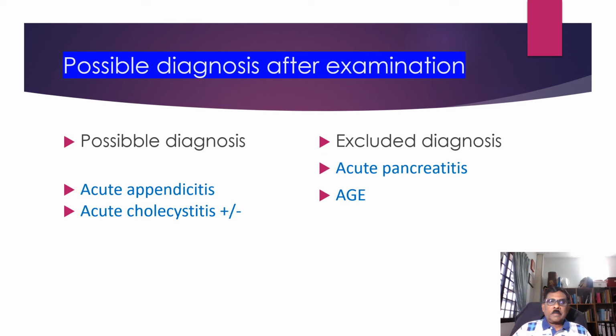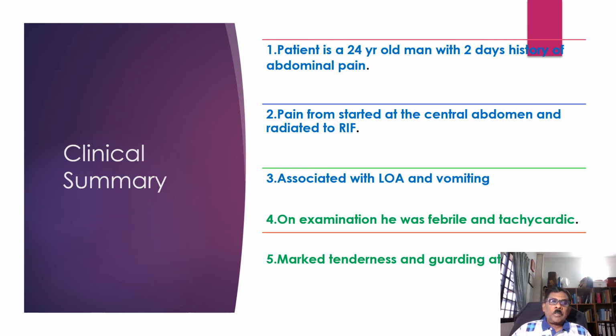Okay, after the physical examination, the possible diagnoses that are left will be acute appendicitis and possibly acute cholecystitis. The excluded diagnoses include acute pancreatitis and AGE, as there were no signs of peritonitis and the tenderness was very localized to the right iliac fossa. So we make a short summary, a clinical summary of 5 sentences, which I think is more than enough for this patient.